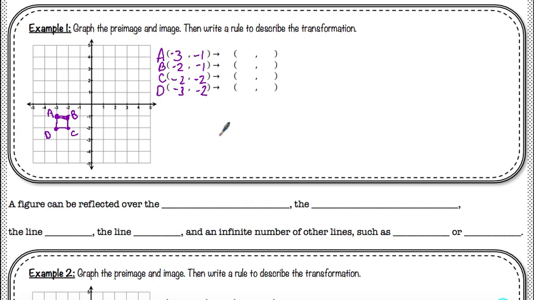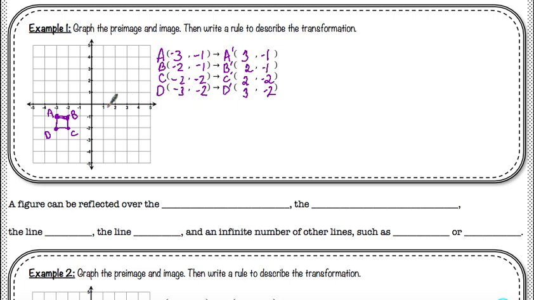Okay, and then our image, A prime, B prime, C prime, D prime, is A prime is 3, -1, B prime is 2, -1, C prime is 2, -2, and D prime is 3, -2.